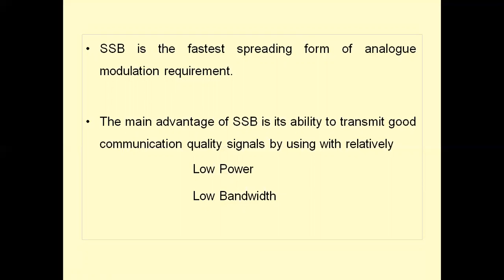If the bandwidth occupied by a channel is less, we can accommodate more number of channels. That is why we are getting two advantages when we transmit through the SSB modulation scheme. One advantage is low power transmission, and the other is low bandwidth, thereby providing more number of signals or more number of channels.